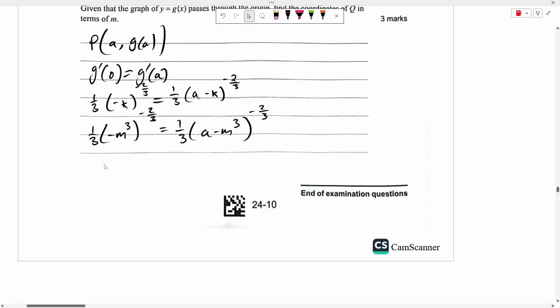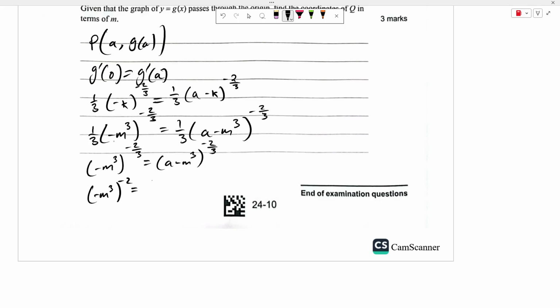So the first thing we can do is multiply by 3 on both sides to get rid of the third. The next thing we can do is raise both sides to the power of 3 to get rid of this third part right here. So we're going to get this.